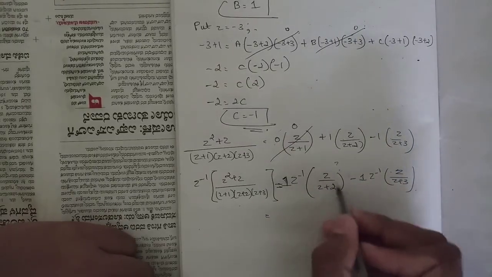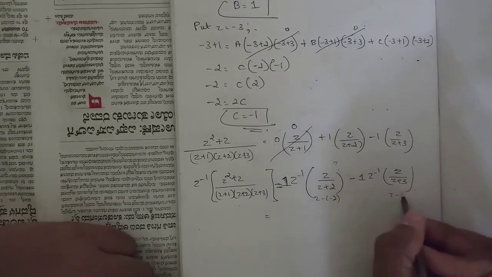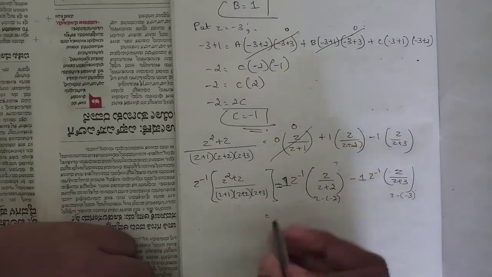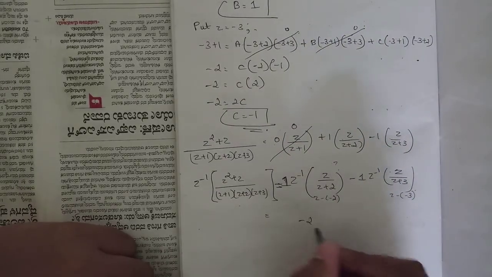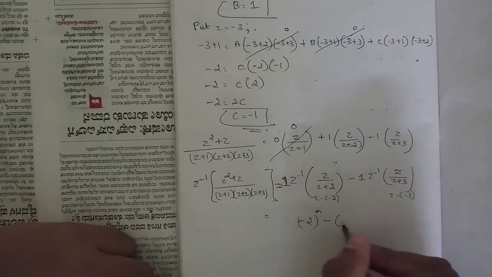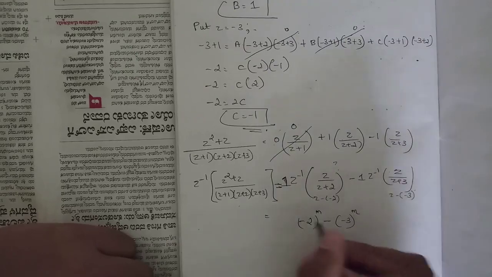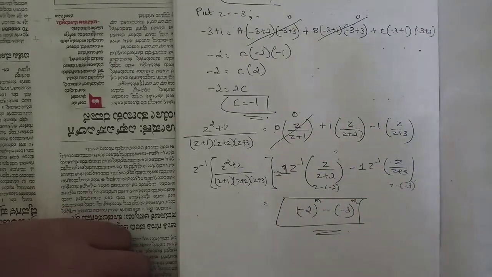So in place of here it is z plus 2. So this can also be written as z minus of minus 2. Here also z minus of minus 3. So here we can say that the value of a here is minus 2. So the answer is minus 2 power n minus of minus 3 power n. So this is the required z transform.